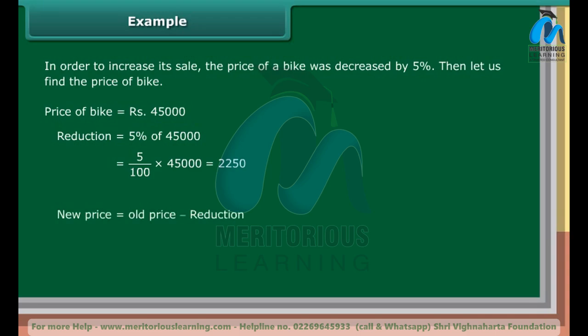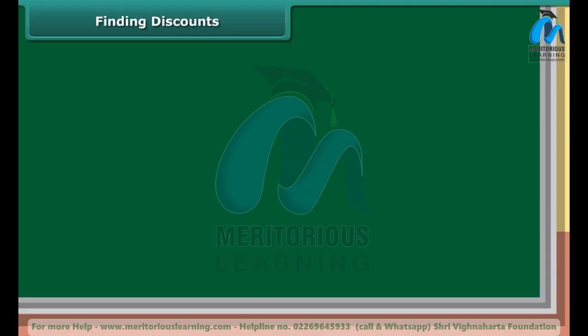New price is equal to old price minus reduction, which is equal to rupees 45,000 minus rupees 2,250, which is equal to rupees 42,750.